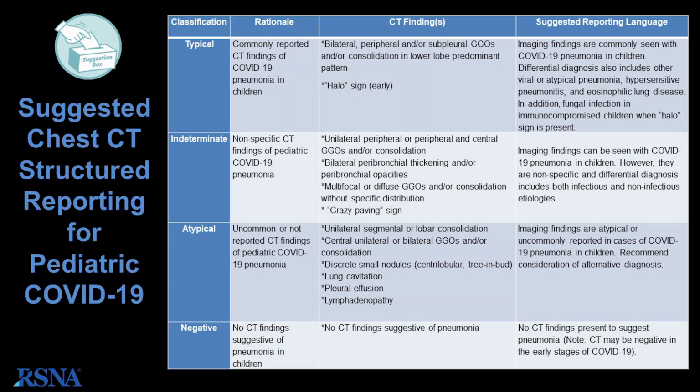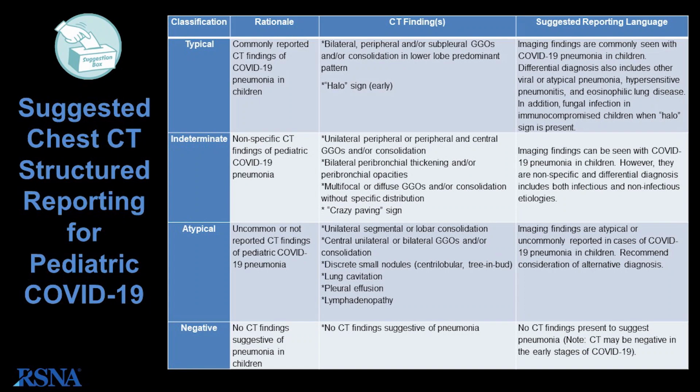We also put crazy paving into this category as it's not seen as frequently in pediatric patients with COVID-19. And finally, just random distribution of ground glass and consolidative opacities that doesn't confine to the periphery or lower lobes. This category, again, we say these are features that can be seen in COVID-19, but they're not specific, and the differential is, again, more broad.